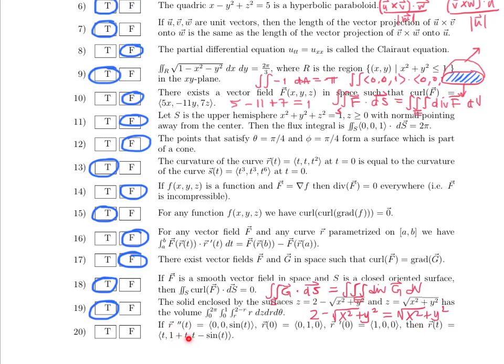But the issue here is that second 1, because our r prime of 0 has to be 1, 0, 0. If I took r prime in terms of t, it would be 1, 1, and already that 1, 1 has totally destroyed r prime of 0. So this is going to be false.